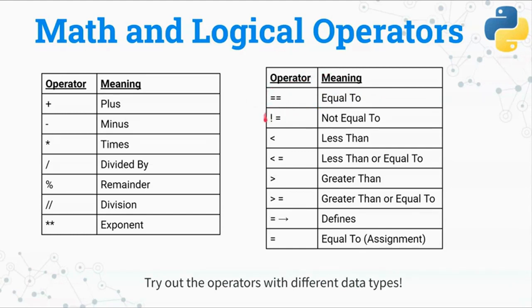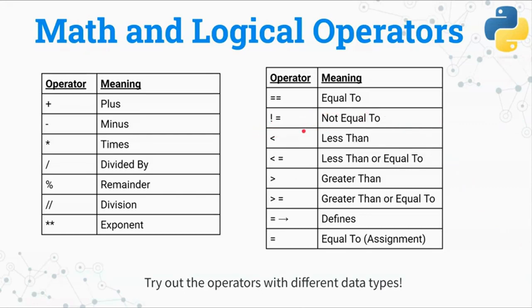How about 2 is not equal to 3? Is that true or false? True, yeah. So it's a little confusing, but basically you're saying it's not equal to 3. So technically it is true.